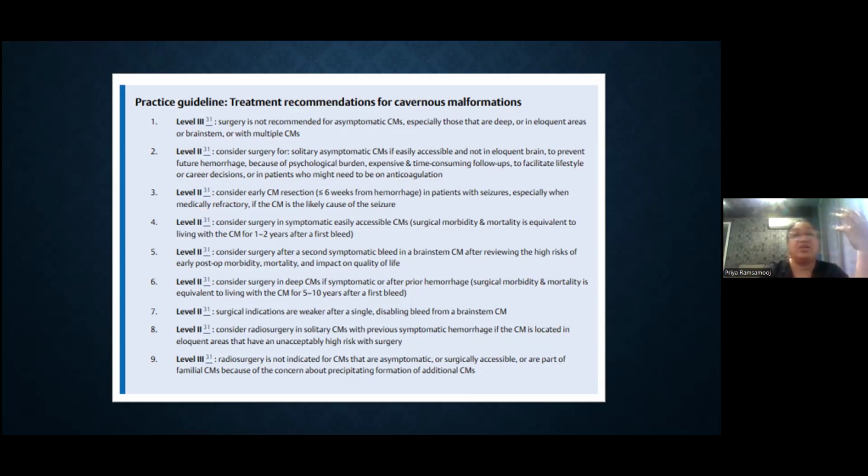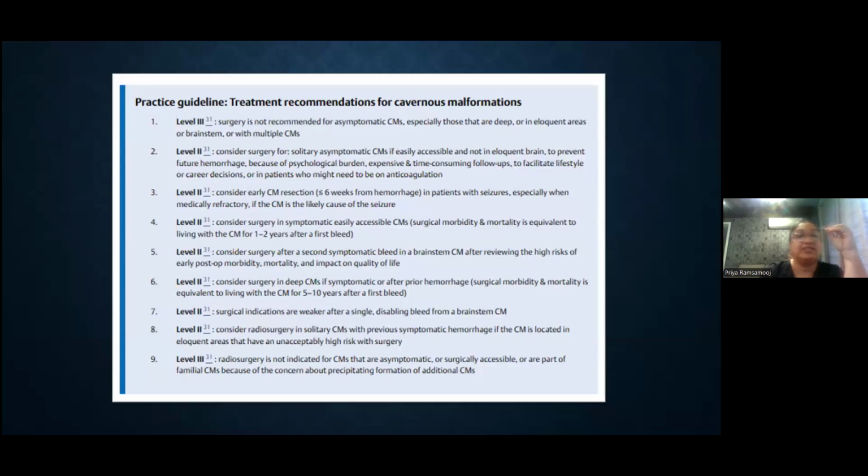You want to prevent the psychological burden on these patients, time-consuming follow-ups, career decisions, lifestyle changes, or even patients who may need anticoagulation, right? You can consider early CM resection in patients with seizures, especially like I was mentioning before, if it's medically refractory, right? And again, you can consider it if it's easily accessible.